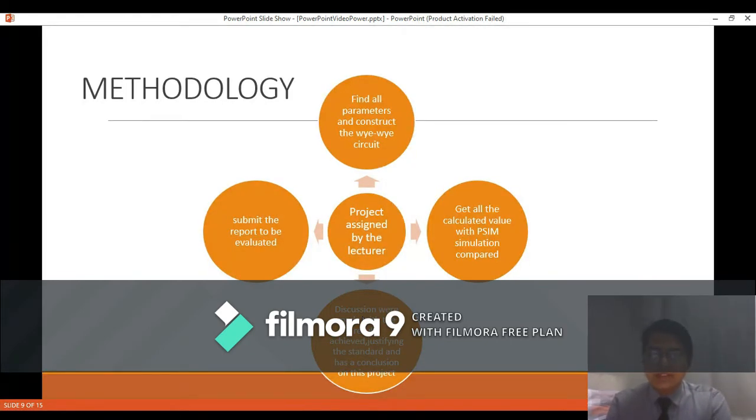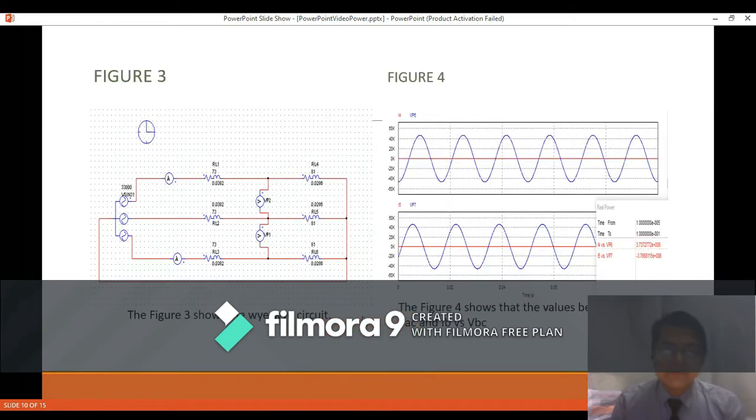Then a discussion was made with the results achieved, justifying the standard, and a conclusion on this project. And last, submit the report to be evaluated by the lecturer. Okay, next. This is figure 3 that was constructed by the PSIM simulator.